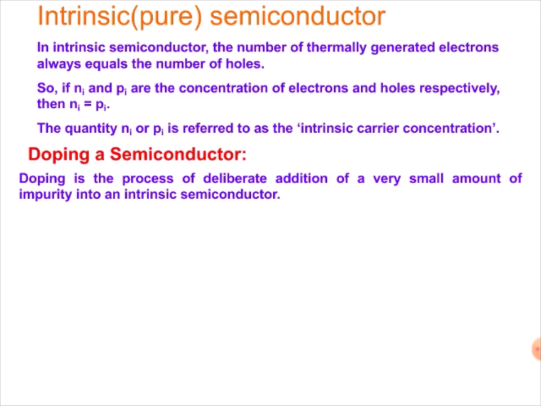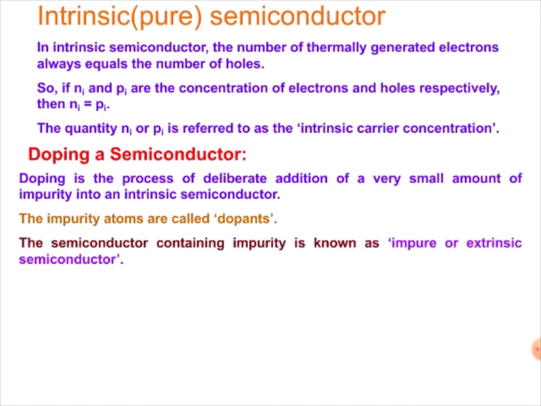The impurity atom so added is called the dopant. The semiconductor containing impurity atoms is known as an impure or extrinsic semiconductor.